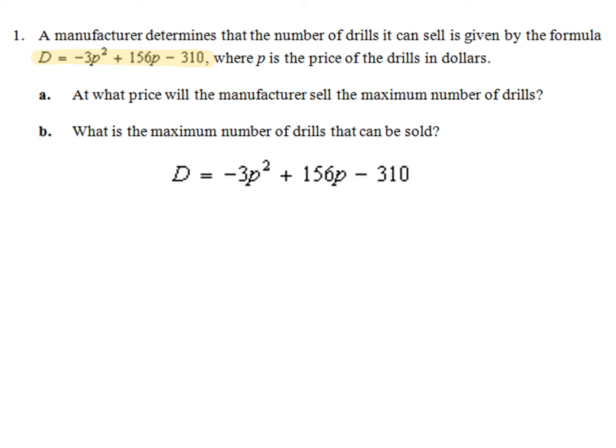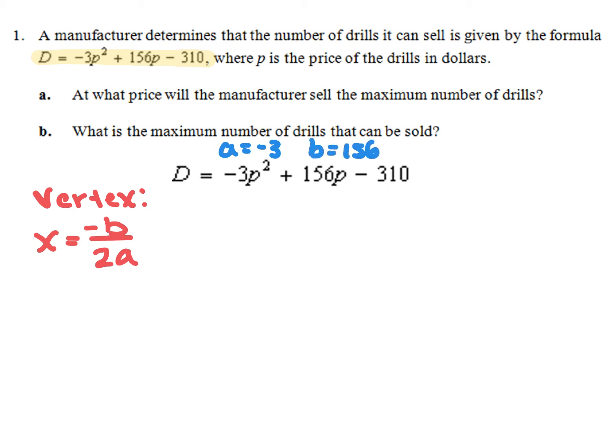With this style of question, we're essentially finding the vertex. So if I want to find the vertex, we know that for the x-coordinate, x equals negative b over 2a. And from looking at what I have here, I know that a equals negative 3, b equals 156, and c equals negative 310.